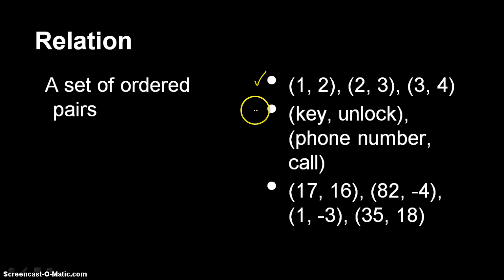Key is the input for unlock. Phone number is the input for call. And then finally we have a third example with numbers once again. 17, 16, 82, negative 4, 1, negative 3, and 35, 18.